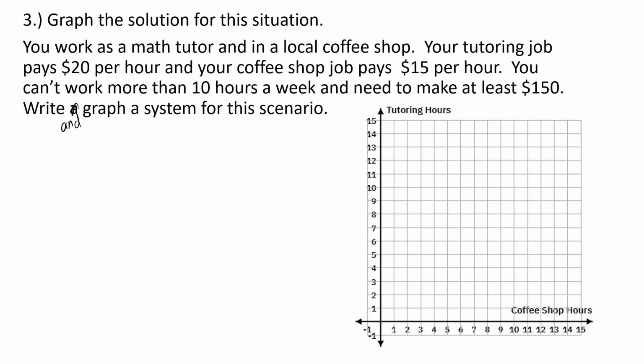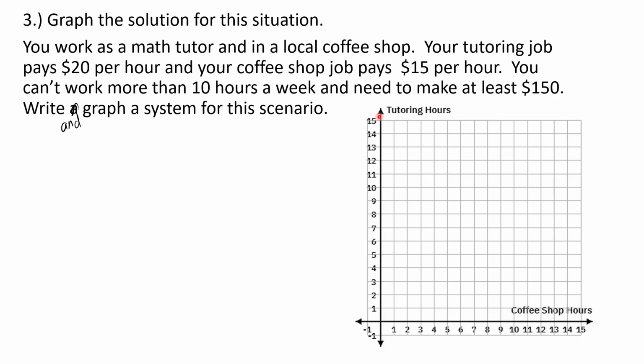Now, if you look at the graph I put together here, I did extend these to -1. Now, you can't work negative hours. The smallest number of hours that you can work at a job would be 0 hours. But this just gives us a little bit of wiggle room on the graph so that things are not right to the edge.